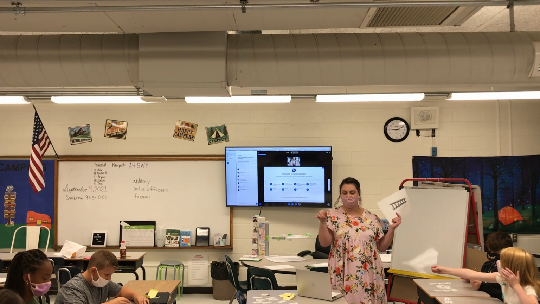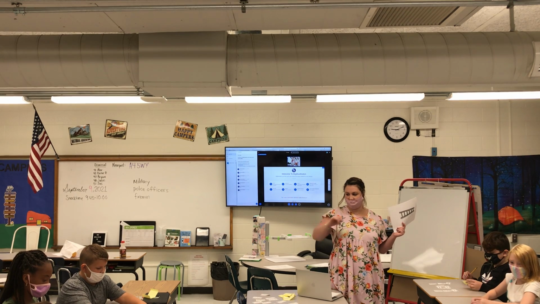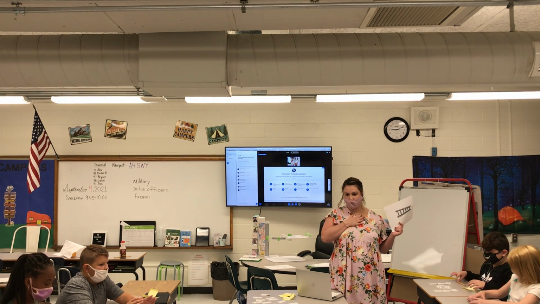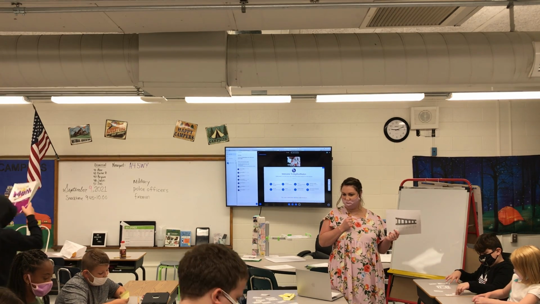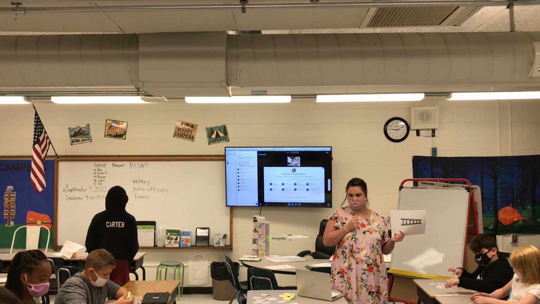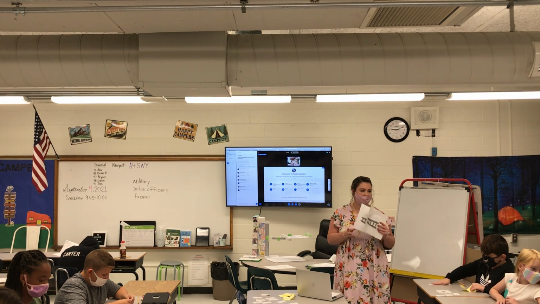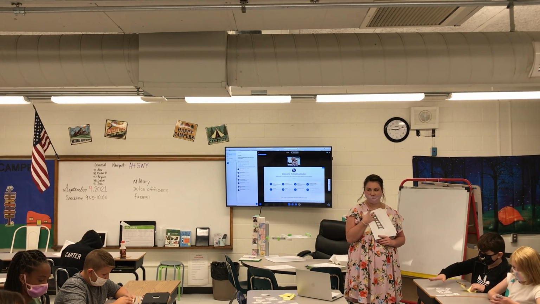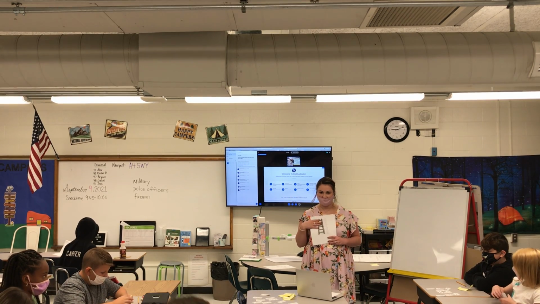Alright guys, let's go ahead and put these pieces to the side. Just put them to the side of your desk. Okay. So on this worksheet right here, it's a ladder.